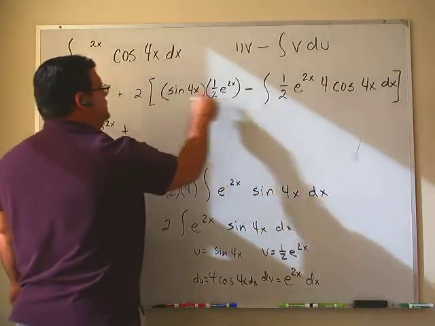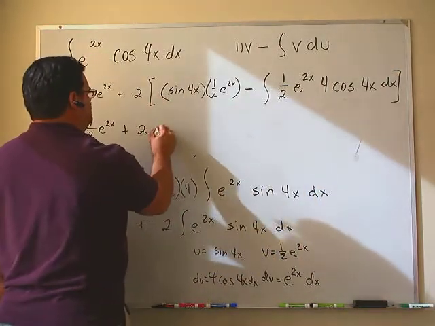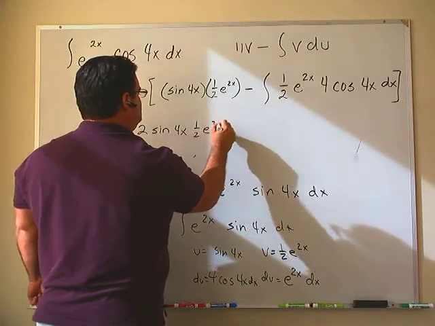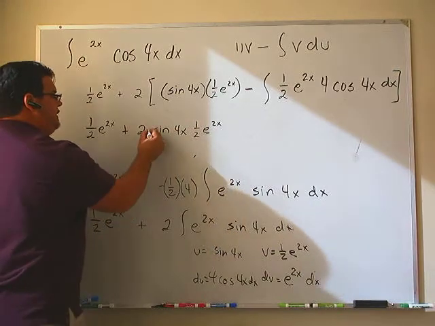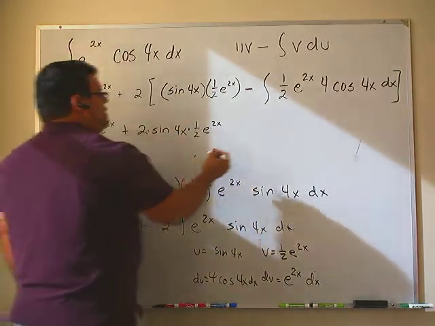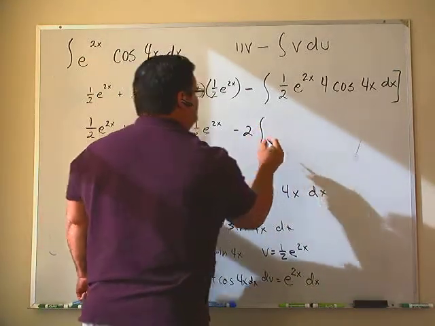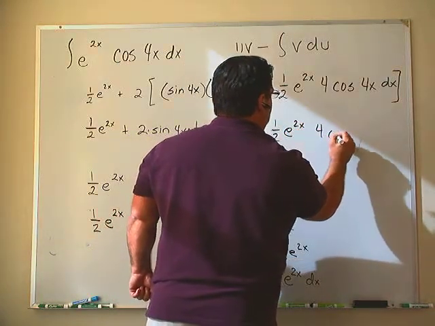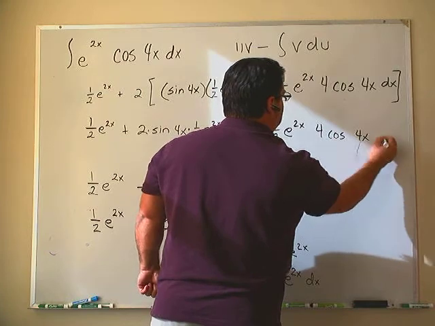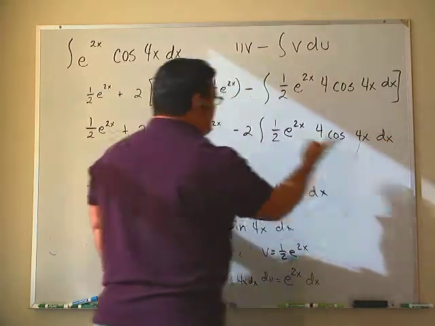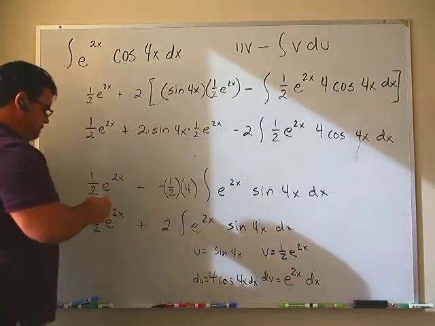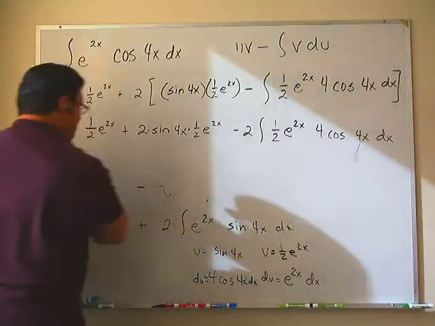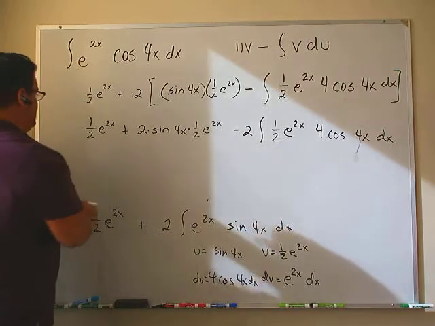So 1/2 e to the 2x plus, I'm just going to distribute this 2 here and here, 2 sine of 4x, 1/2 e to the 2x, and we can clean that up a little bit, minus 2 antiderivative of 1/2 e to the 2x, 4 cosine 4x dx, and I'm going to bring all that out.